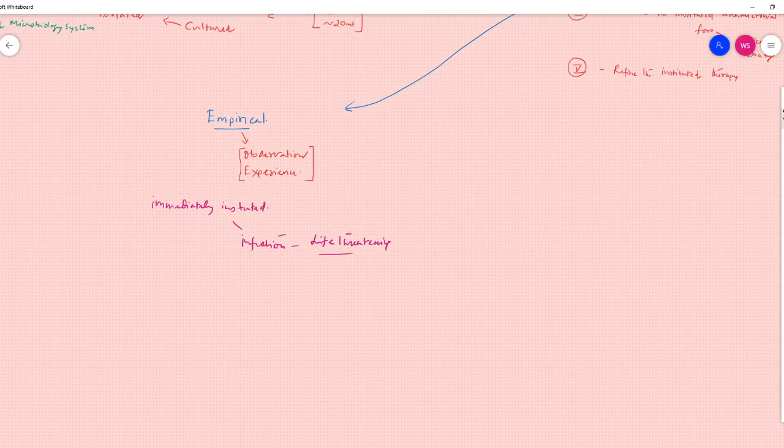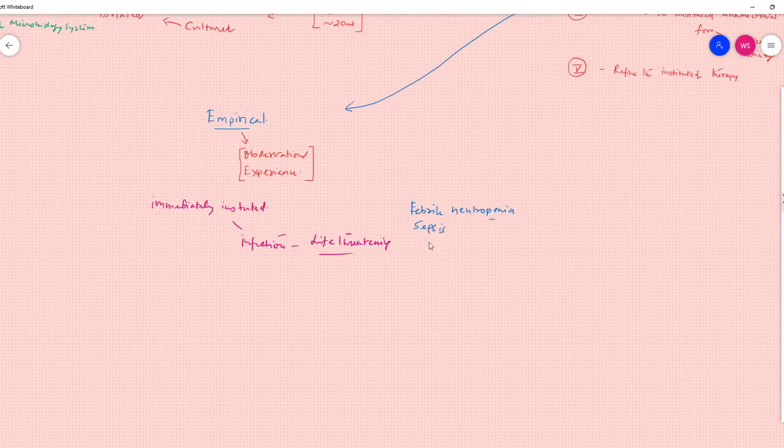Okay, so what are the examples of life-threatening infections? The examples could be febrile neutropenia, meaning there are fewer neutrophils and there is fever. Sepsis. Okay, sepsis. What is sepsis?